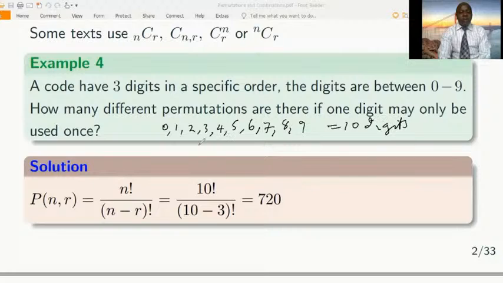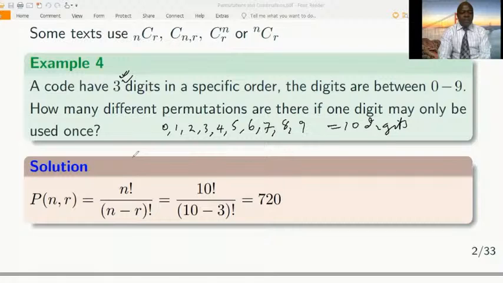So the question is saying that if you're given these 10 digits and you're asked to arrange 3 at a time, how many arrangements can you make? How many permutations would there be? So that is the question. Since the order matters here, we use permutation.